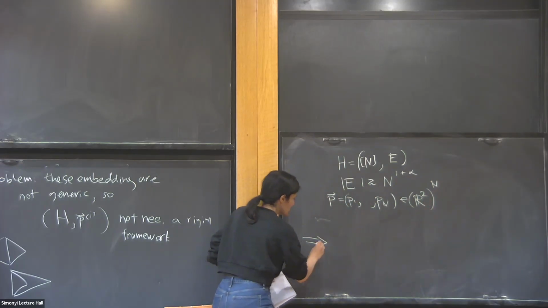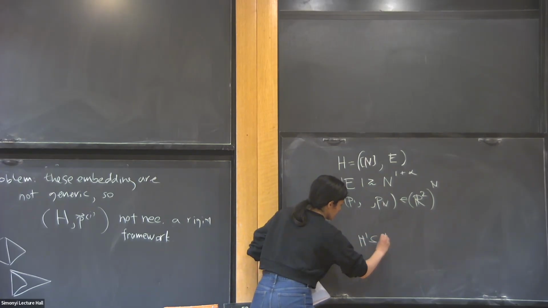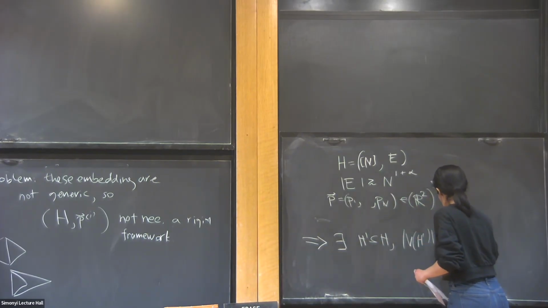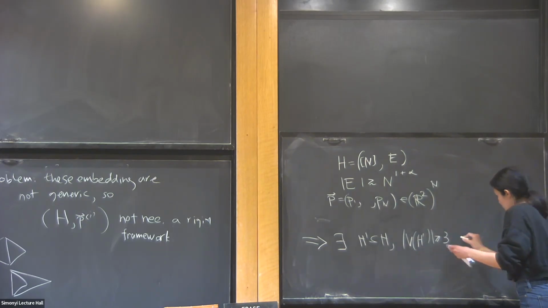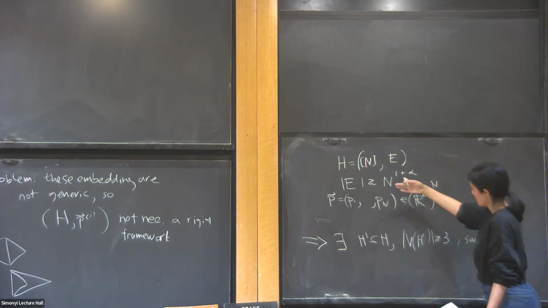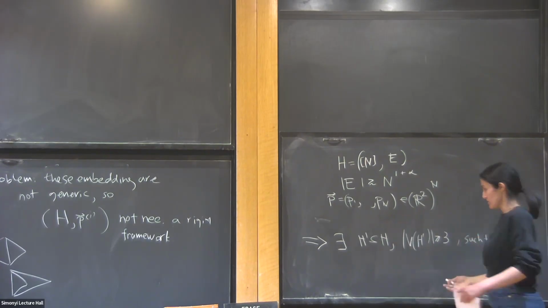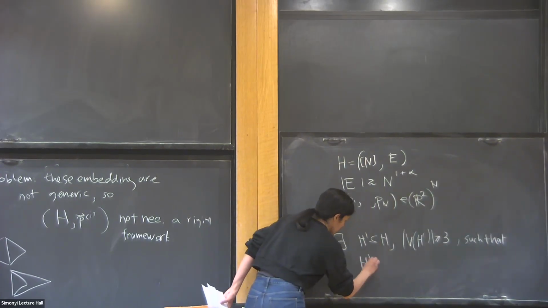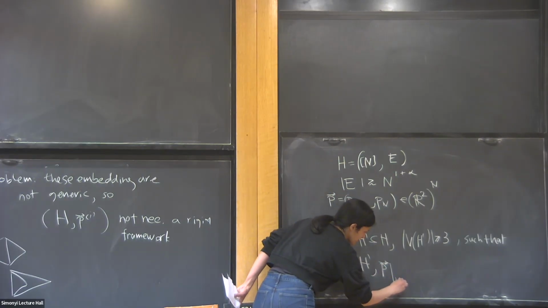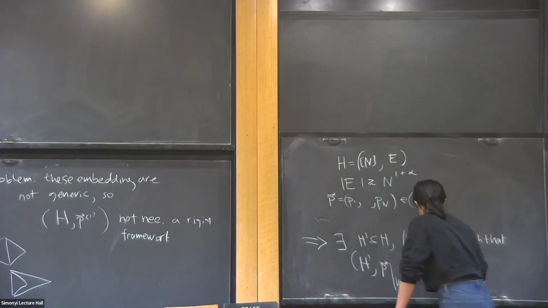We want to be able to conclude that there is a subgraph H prime with at least 3 vertices such that if we restrict the given embedding P to the vertices of H prime, we want this thing to be rigid.